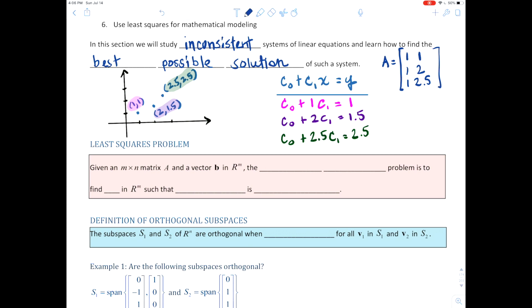What would our B matrix be? Good, our B matrix would be 1, 1.5, and 2.5. And our C matrix would be C0 and C1. Groovy? So that's what we're going to be moving towards, and it's very exciting stuff.